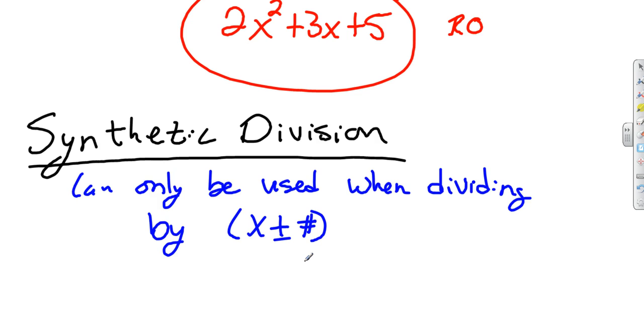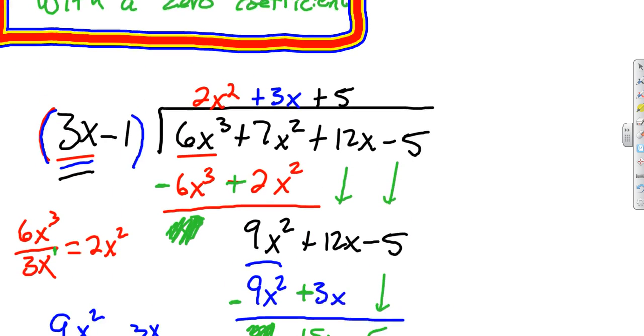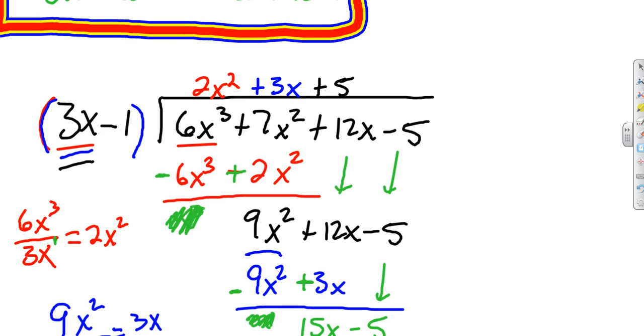So it has to be x plus the number or x minus the number. The problem you had, let's just scroll back up real quick. This problem, because it's 3x minus 1, because of the 3 that's in front of the x, you couldn't do synthetic division with that one. It doesn't work unless the coefficient of x is 1, I guess would be the best way of saying that.